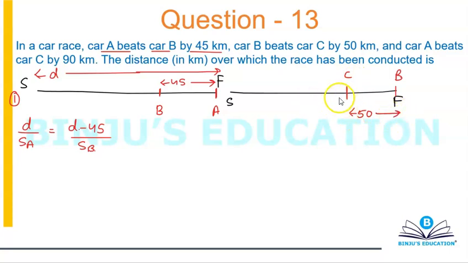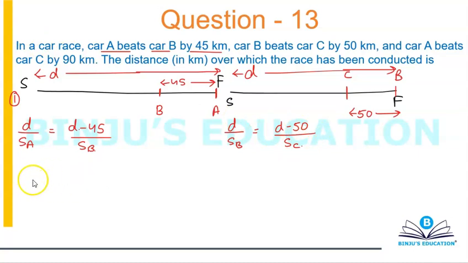Again, you will use the same concept. We'll again consider the length to be D because it's the same race, so the entire distance has to be the same. So I can say that D divided by SB should be equal to (D minus 50) divided by SC.